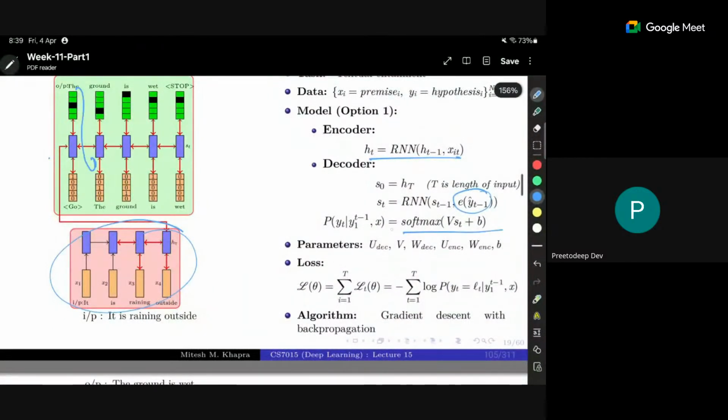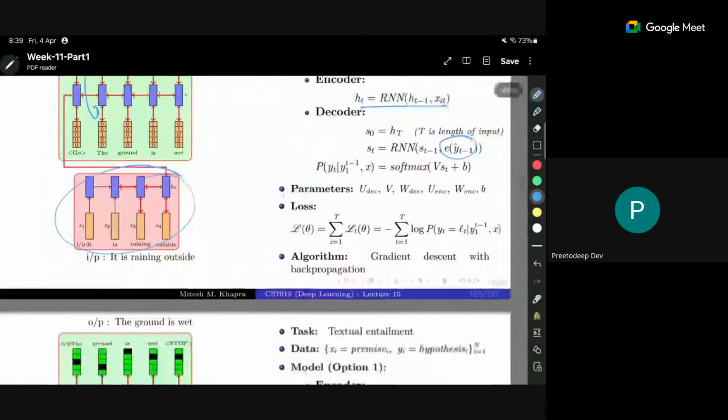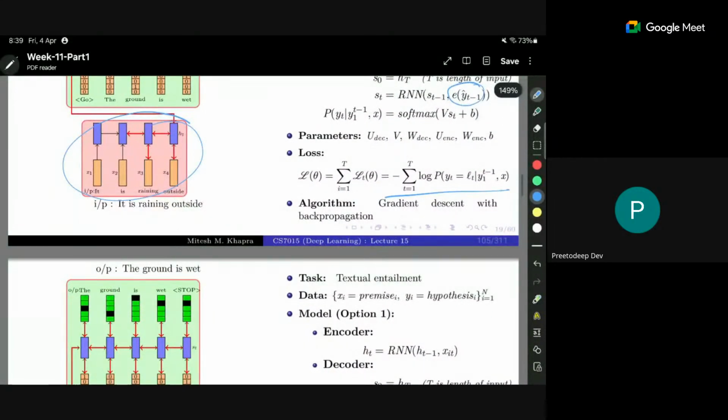Then I'll use softmax, which I'm calling the probability, given ST minus 1, what will be the next word, and XT, right? So using these two, I have to find the probability, and that's what the softmax actually is, right? So the loss is again the cross entropy.